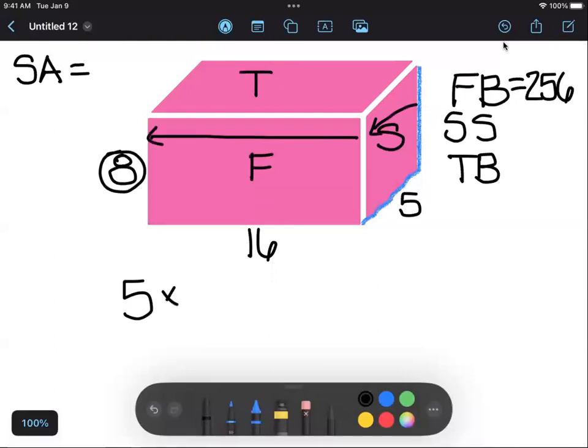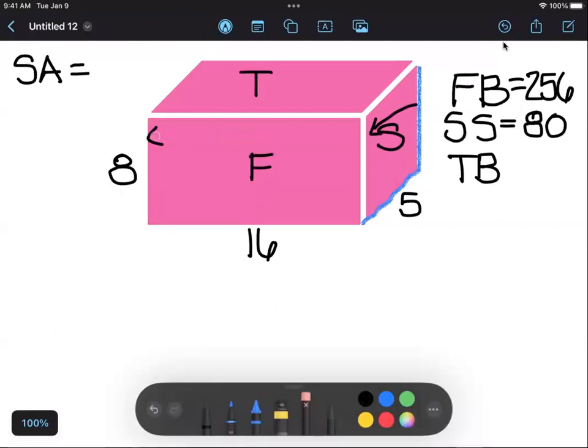So this is 5 times 8, which equals 40. Now remember, there are 2 identical sides, so I'm going to take this and multiply it by 2, which would give me 80.